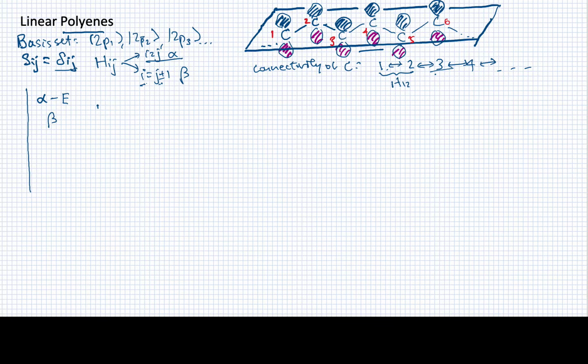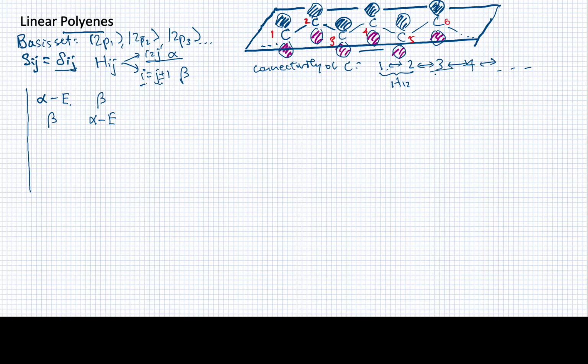Likewise, H12 will be beta. H22 will equal alpha minus E times 1. Remember, each of these diagonal elements is Hij minus E times Sij. So when I don't show any S there, that's S is equal to 1. When I don't show any E, that means S was equal to 0.